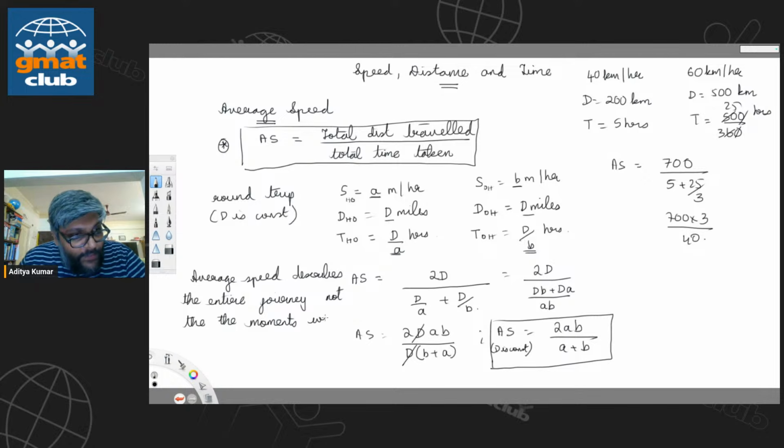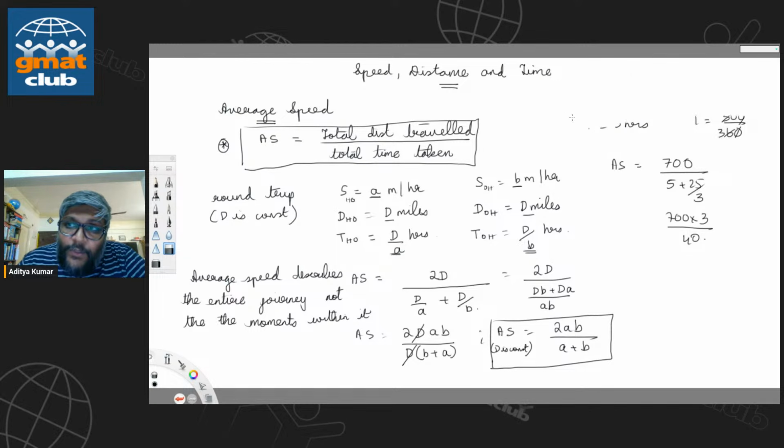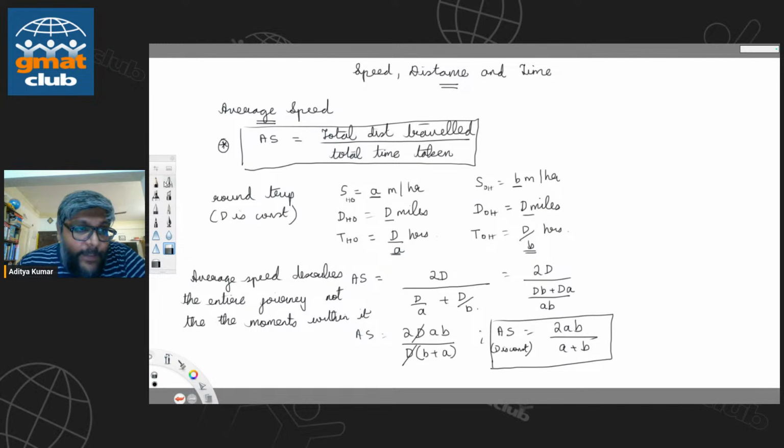What do I mean by this? If I tell you that you're going to travel at an average speed, if I say that you travel at an average speed of 40 kilometers per hour, this is the speed for the entire journey.